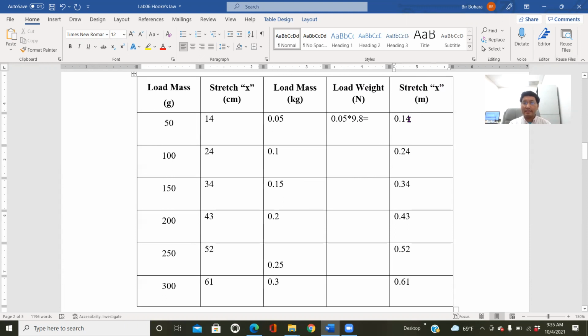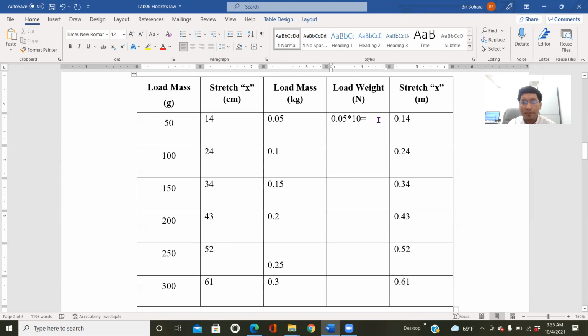So if you look at this data, you can use 9.8. Just for simplicity, let me round it just to show you how to get data. I'm not calculating. But don't use 10, okay?